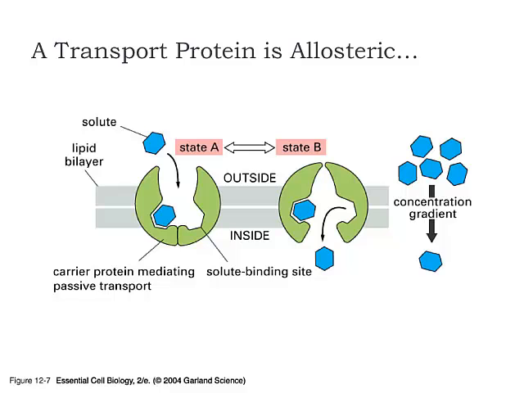So on one side, or the outside of the lipid bilayer, a transport protein may naturally exist unbound, open to the outside. Once the solute binds, it closes that gate and opens the gate on the inside, allowing the solute to move into the cell.